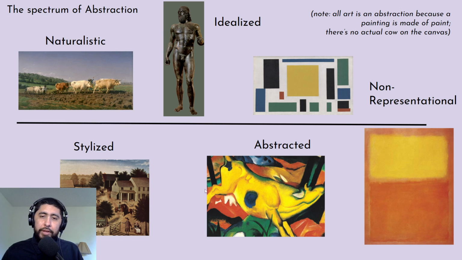Further down the road is abstracted. Abstracted means less than real, purposefully made to look less real and more artistic and more expressive and more of an interpretation of something that exists in real life. Obviously, right here we have a bovine of some sort, probably a bull. I think those are horns. Yeah, those are horns. So here's a yellow bull.